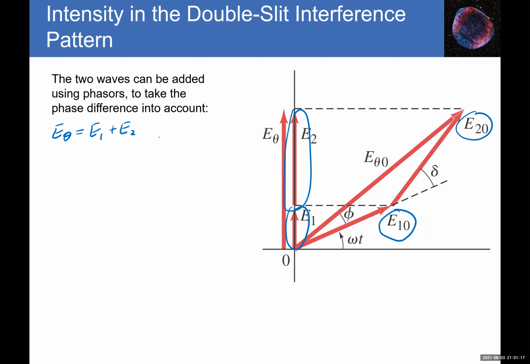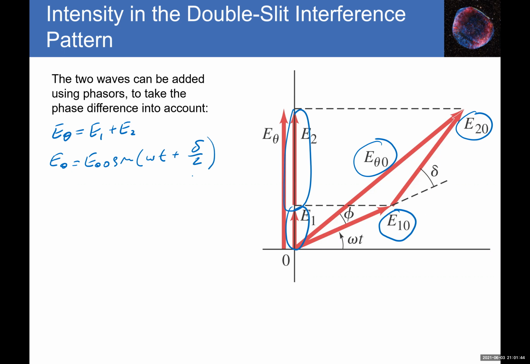So E theta is equal to E theta 0, which is this hypotenuse, the sum of the amplitudes of E1 and E2, times sine of omega t plus delta over 2.